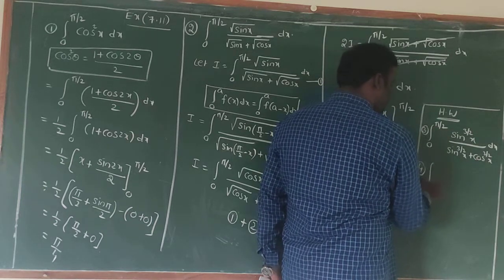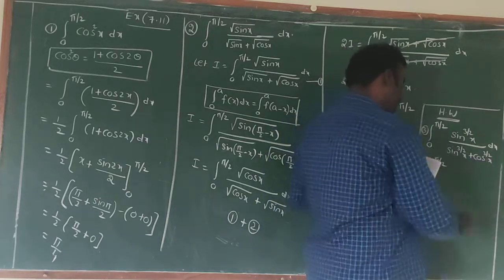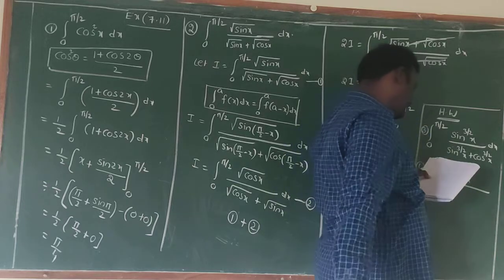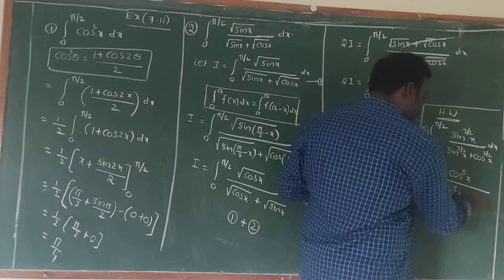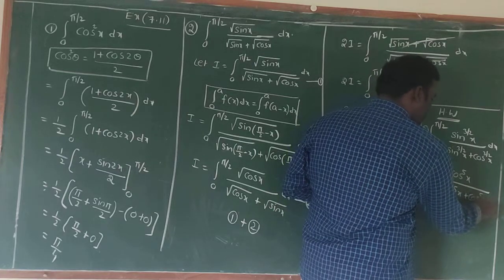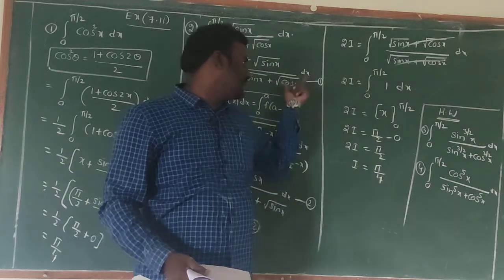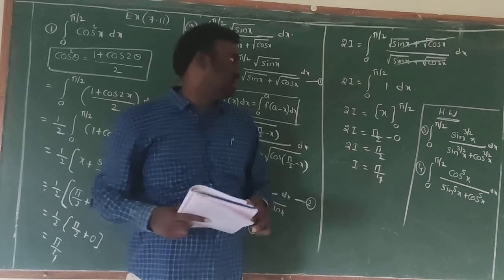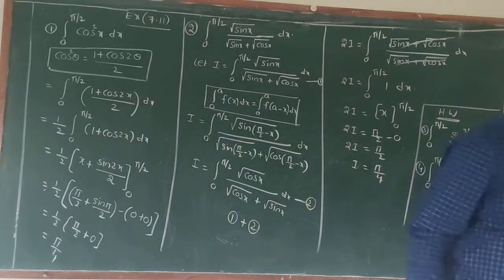Fourth question, evaluate the integral from 0 to pi by 2 of cos power 5 x by sin power 5 x plus cos power 5 x dx. For these two questions, same model and the answer is also the same. What you will get? Pi by 4 you will get. You need to do these two questions in homework. Okay, next.